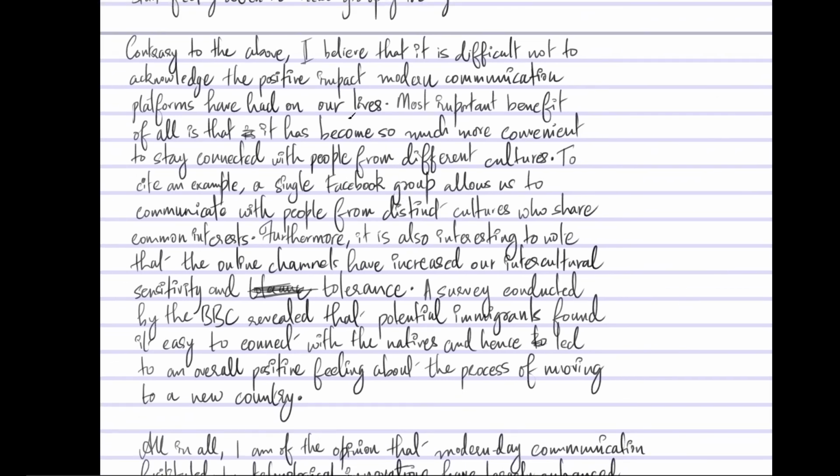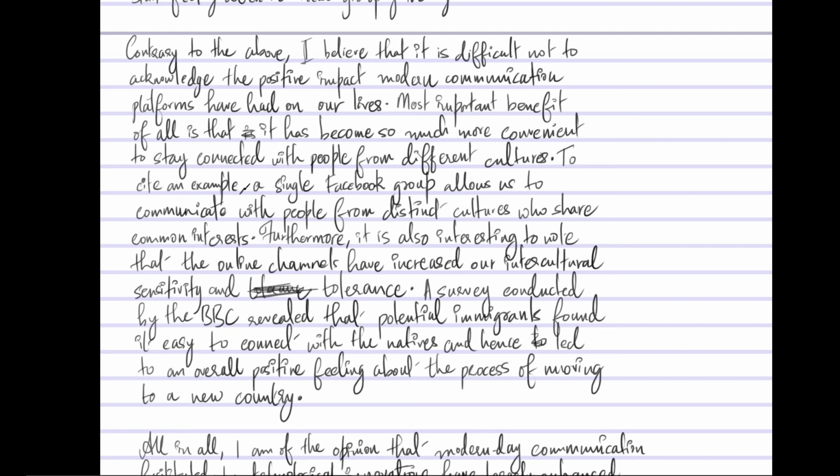Contrary to the negative factors highlighted above, I feel that it is difficult not to acknowledge the positive impact modern communication platforms have had on our lives. Most important benefit of all is that it has become so much more convenient to stay connected with people from different cultures.